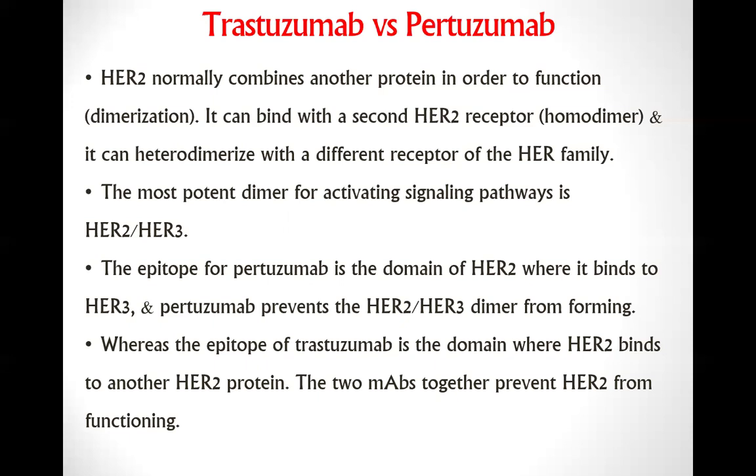So given together, from the outset they look like antibodies directed against HER2, but by looking at the specific binding site, the outcome may be different. So they have a synergistic effect. Is that clear? Yes. Okay.